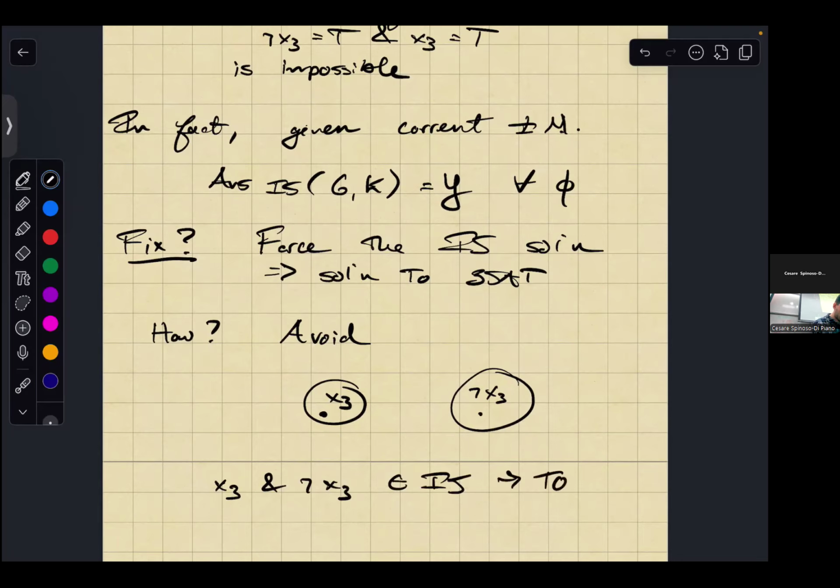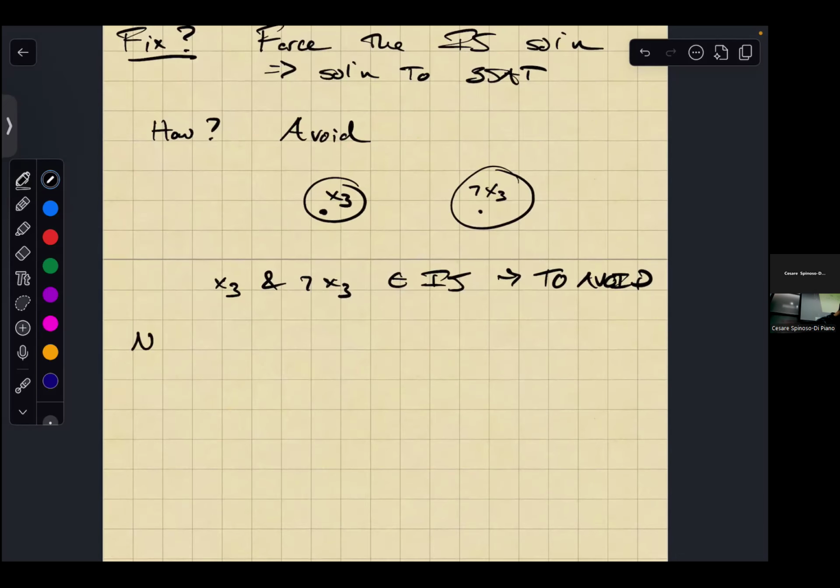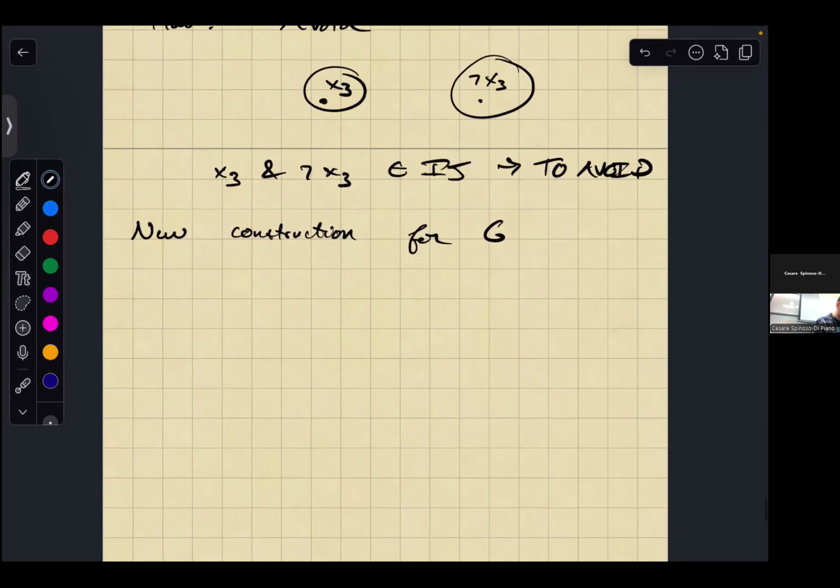Okay, I want to avoid this. How am I going to do this? I'm just going to connect the literals that are negations of each other in the graph, right? So then the new construction for G is going to be very similar to the one before.